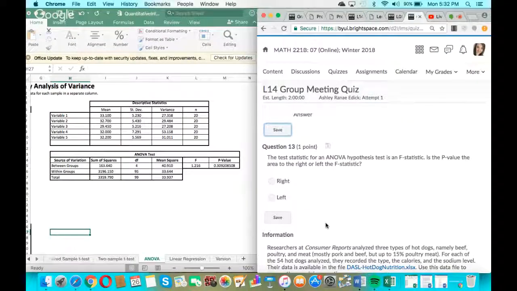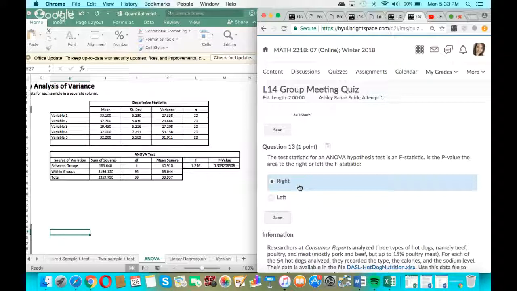The test statistic for the ANOVA hypothesis test is an F statistic. Is the p-value the area to the right or the left of the statistic? To the right, right? Because it's right skewed. If you remember in the video how I did that.